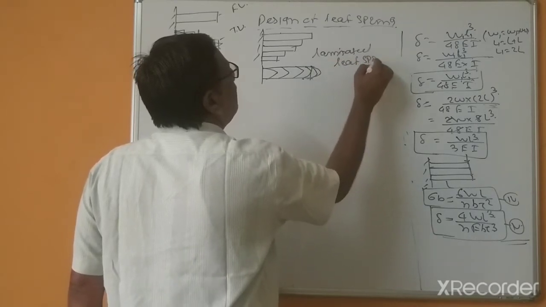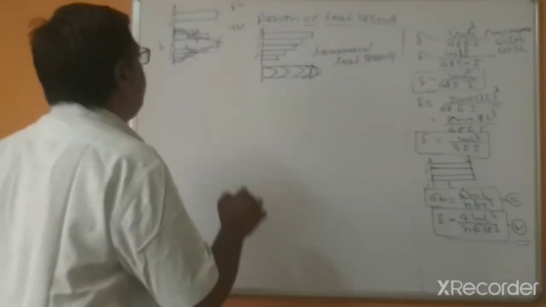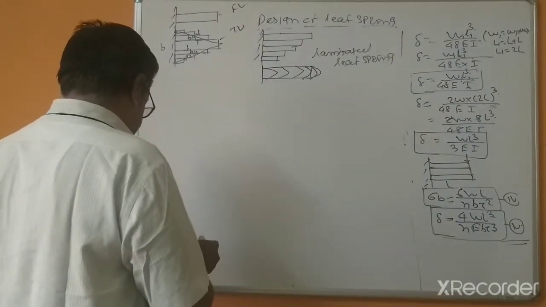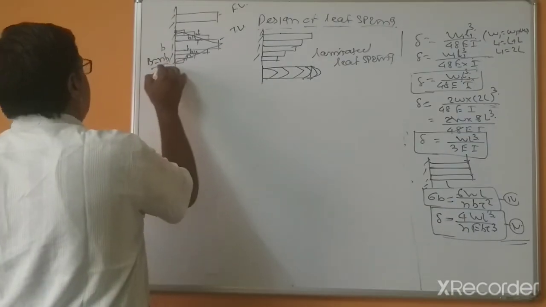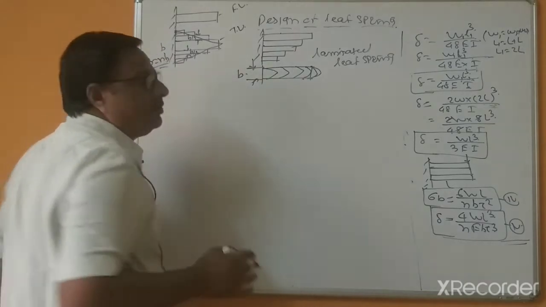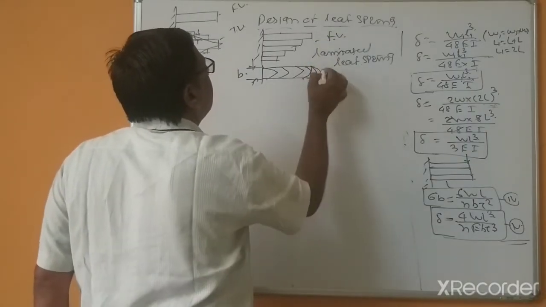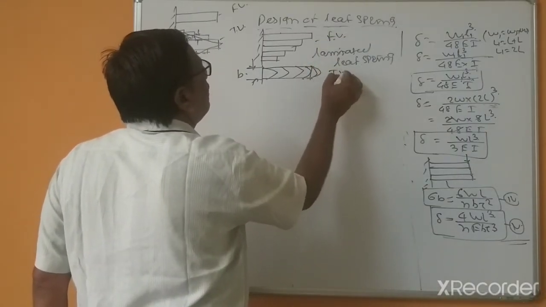Actually such type of springs we require because of the limitations of space. And here B equal to NB, and this is the width, because this is the front view and this is the top view.